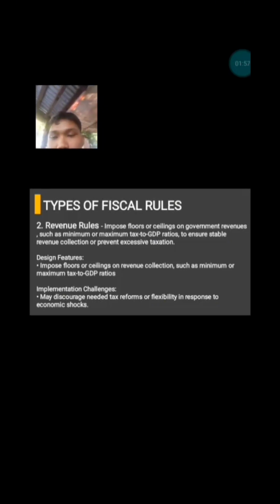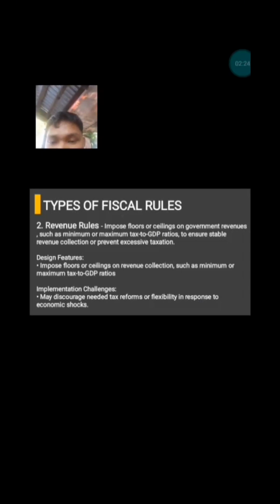Types of fiscal rules. Revenue rules. Revenue rules set floors and ceilings on government revenues, such as minimum or maximum tax to GDP ratios, to ensure stable revenue collection or prevent excessive taxation.